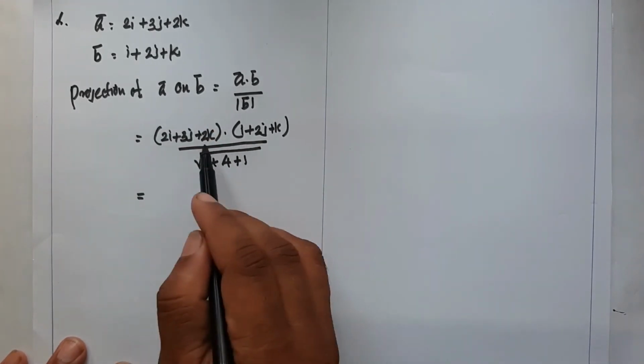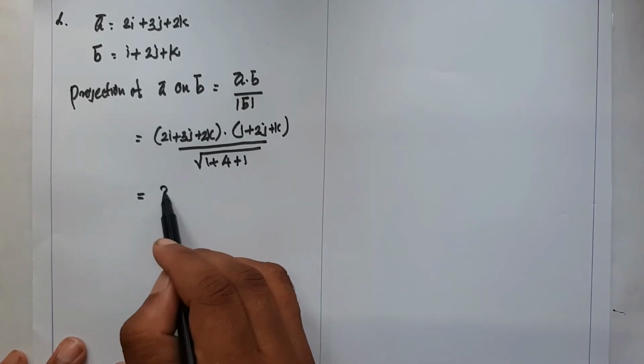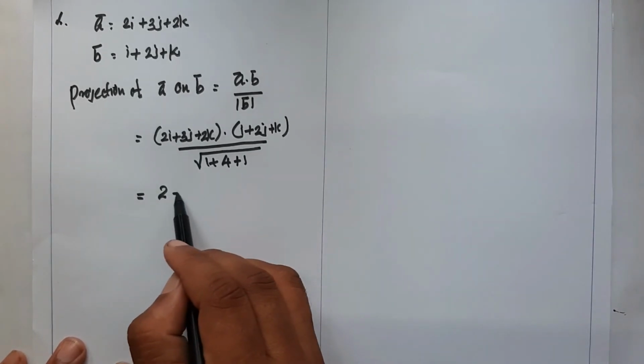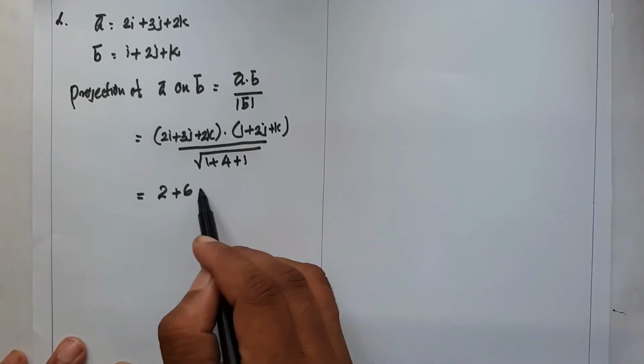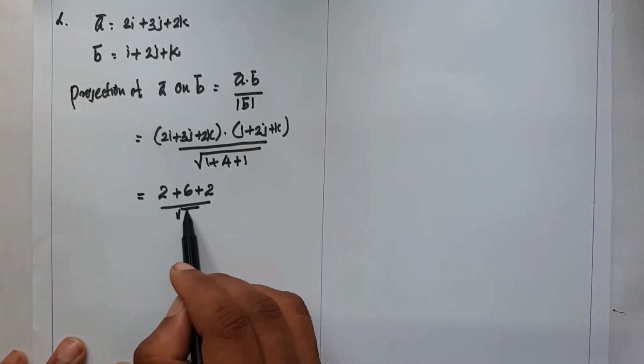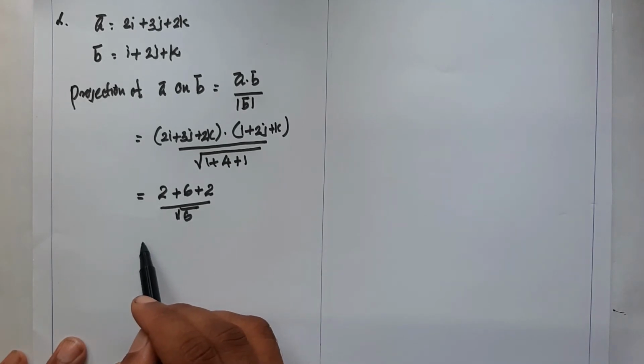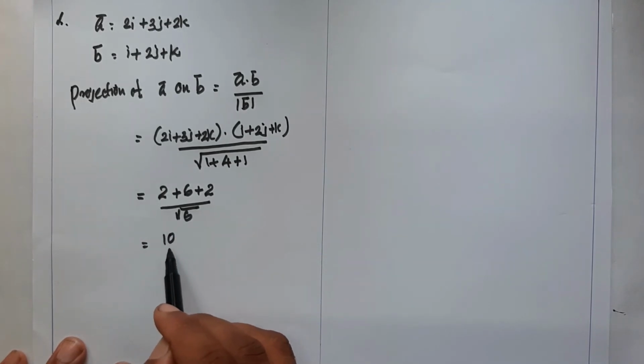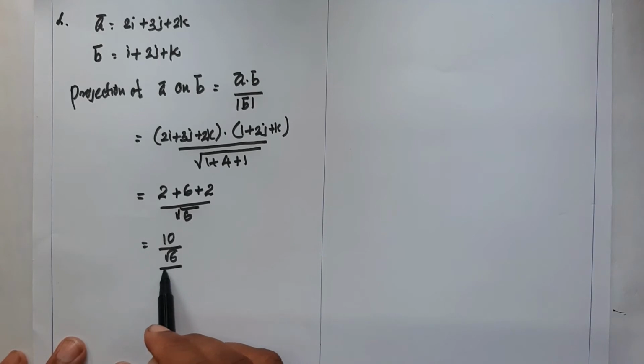Now you find the dot product: 2 into 1, 2, 3 into 2, plus 6, 2 into 1 again 2, the whole divided by root 6, equal to 10 by root 6.